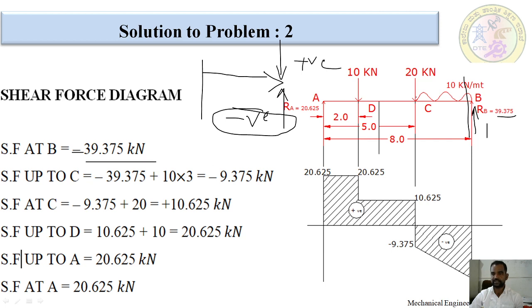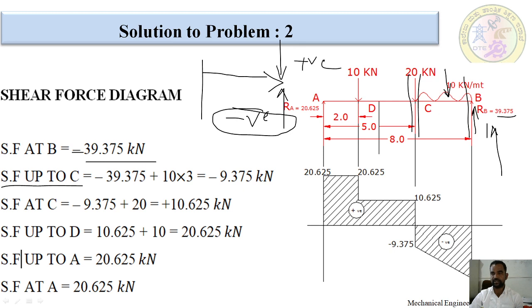Okay. Next, I am going to take a section at this point. Firstly, one is an upward force, and another one is a downward force. I will tell you how much the shear force is up to the C point. I am going to take the section over here only. I am not taking this part; I am considering up to here only.